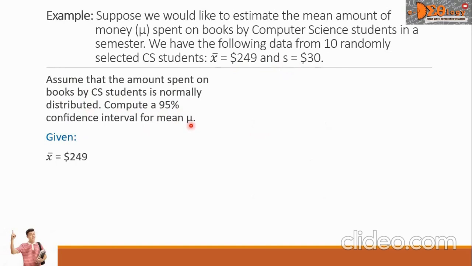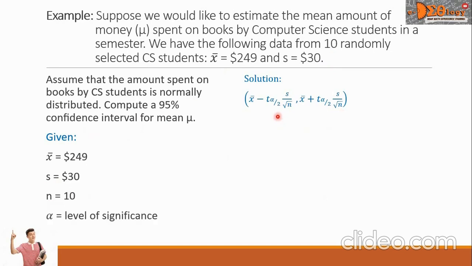Let us write the given starting from the X bar, and that is $249, followed by the S, the sample standard deviation, which is $30. The number of sample n is 10. And then let us write our formula for the confidence interval. From this formula, let us define the alpha, and that is the level of significance.